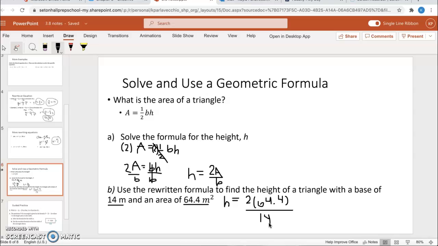And then you would be able to go ahead and multiply the numerator first to start simplifying, and we would have 64.4 times 2 is equal to 128.8 all over 14. And then we would divide that answer by 14, and we would get that the height of this triangle would have been 9.2 meters.